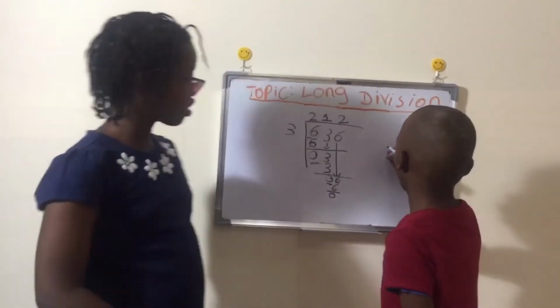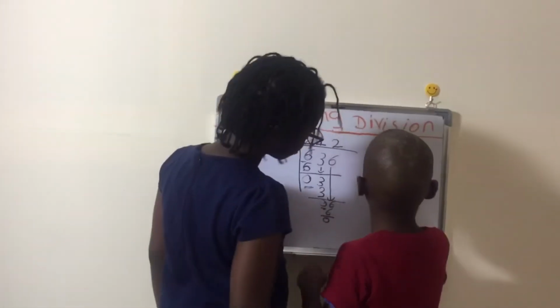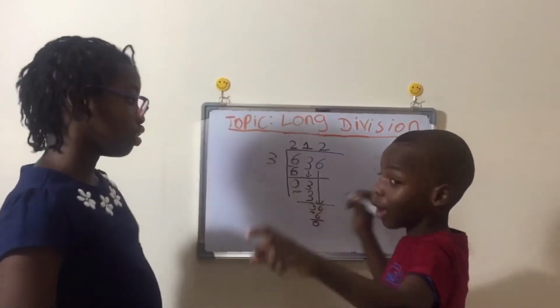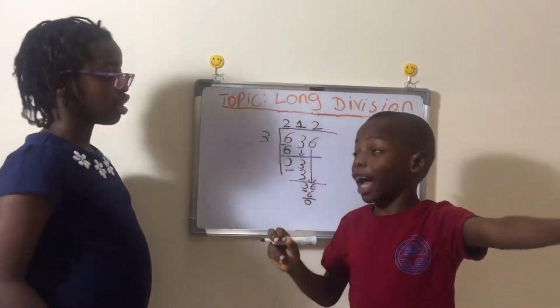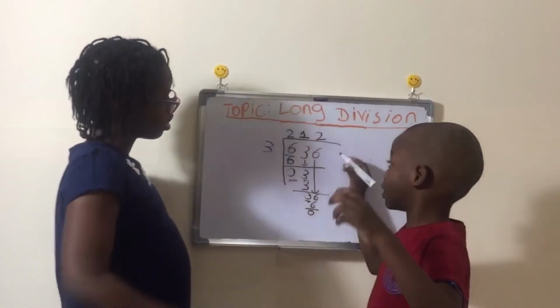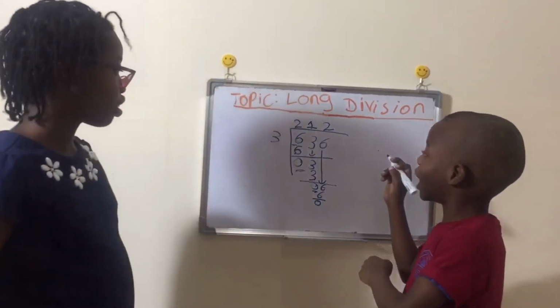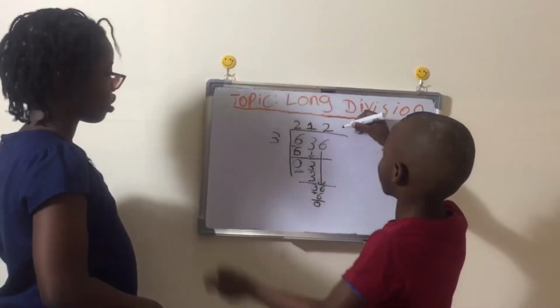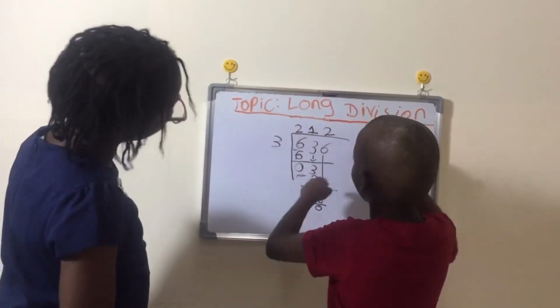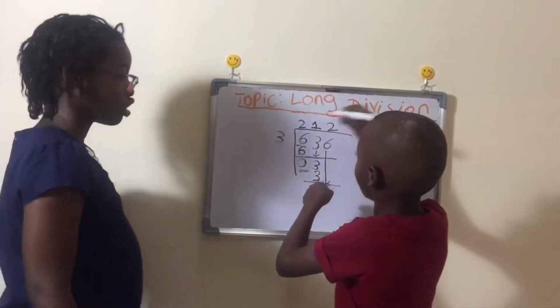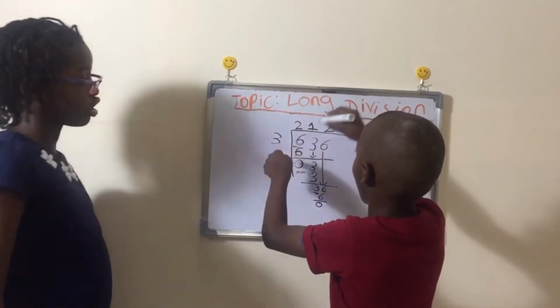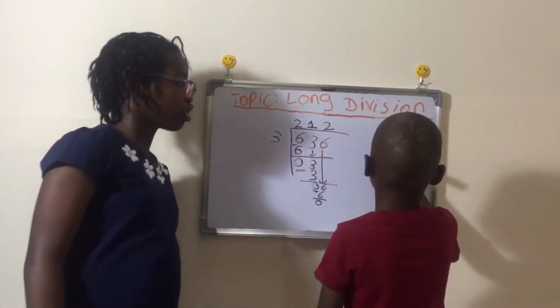So first, you have to multiply the divisor with the answer, and then you get the dividend.